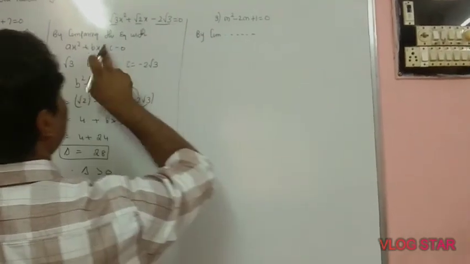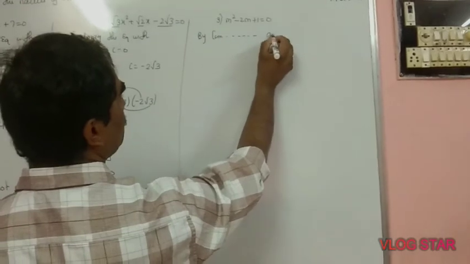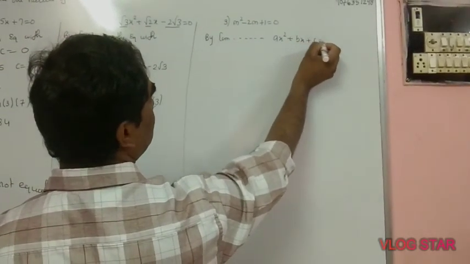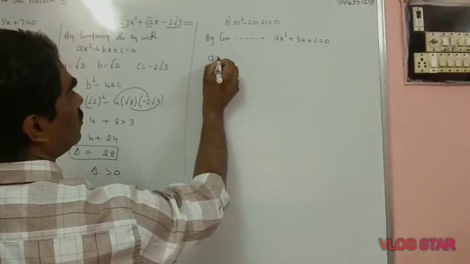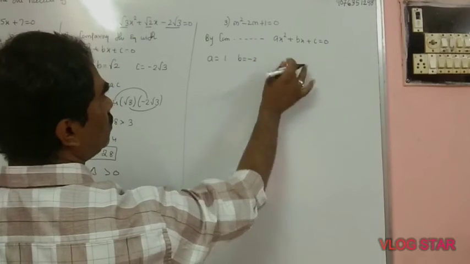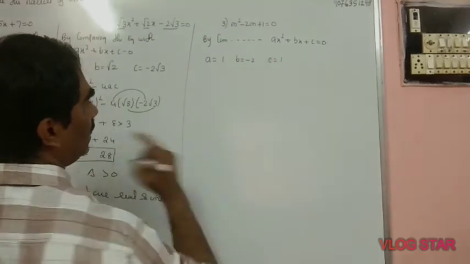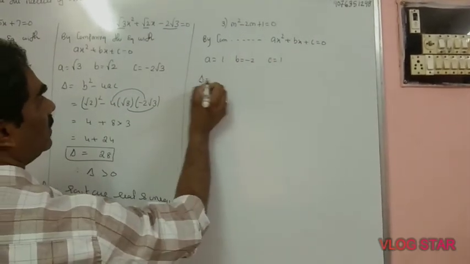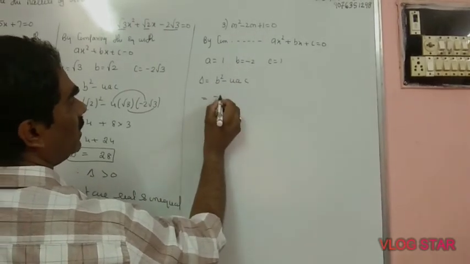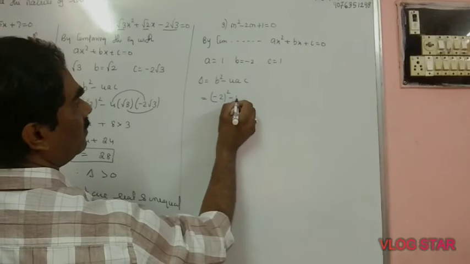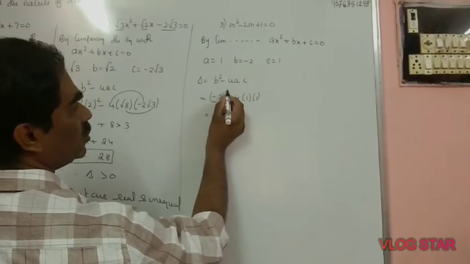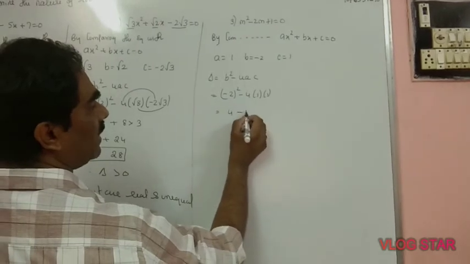Third sum, same way by comparing the equation with ax square plus bx plus c is equal to 0. So a value is 1, b is minus 2, and c is 1. Correct? So find delta, b square minus 4ac. b is minus 2 squared, 4, a is 1, c is 1; minus 4 times 1 times 1, so minus 4.